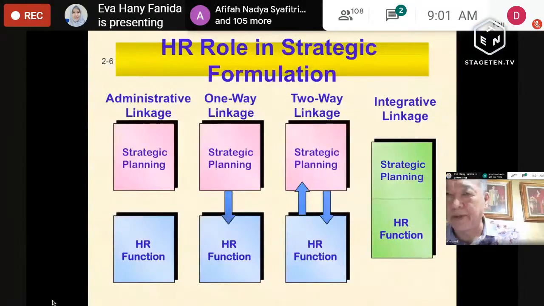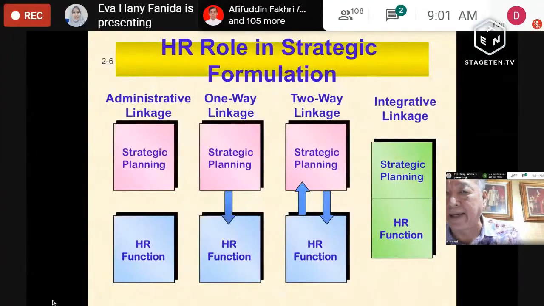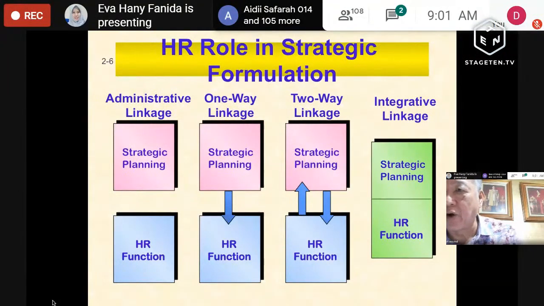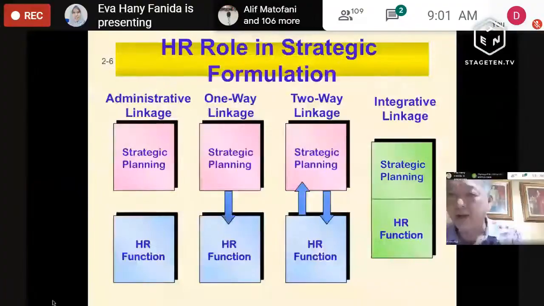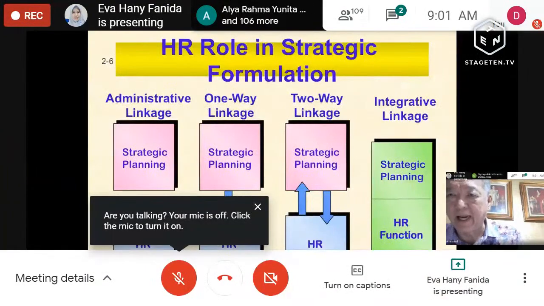It depends on the style of the managers, how they link strategic planning and HR function together or not. So I would like to bring this picture to show you that usually they have 4 types of linkage.